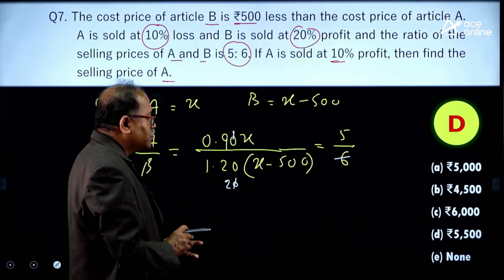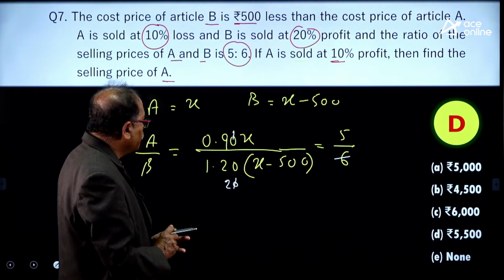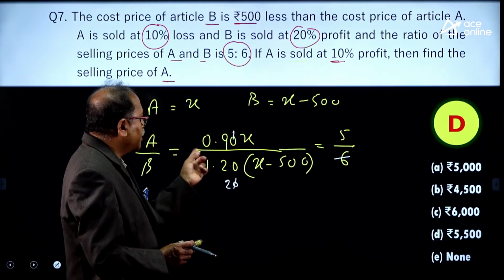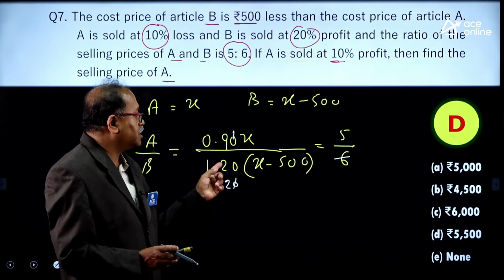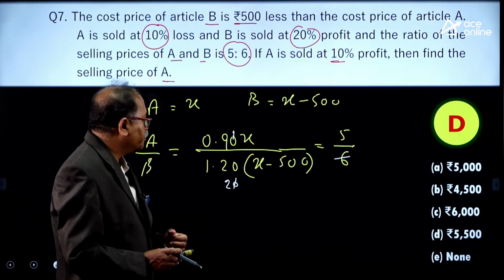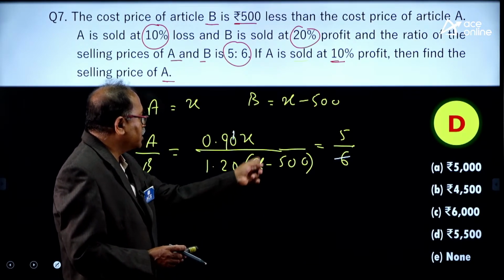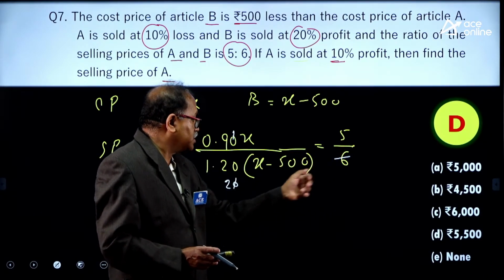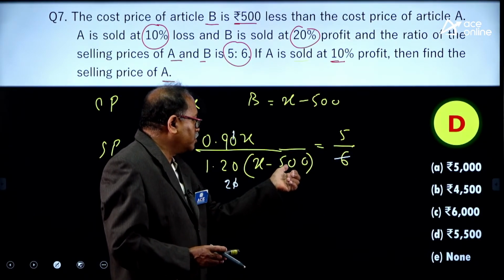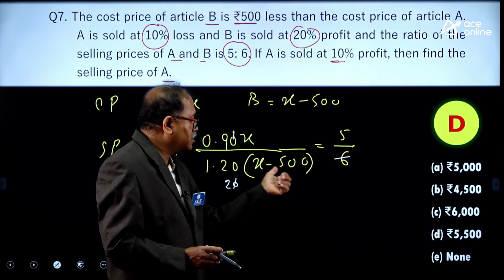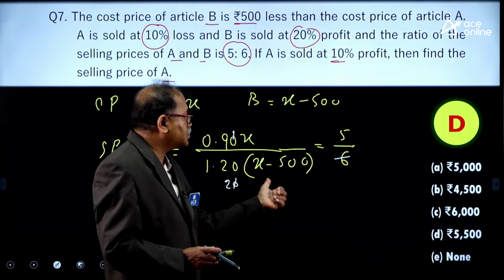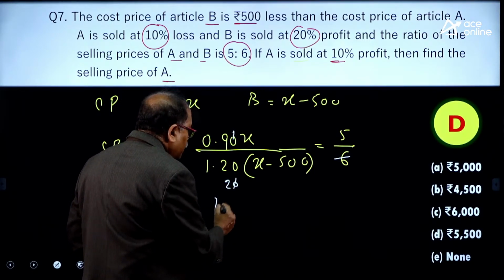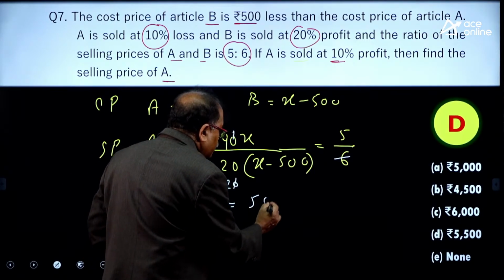Done. So, here with 6, 10 and 9, is it not 10x minus 9x, that is 2x over here. So, 2x into 5 is 10x, and here 2 into 500 is 1000, and 1000 into 5. So, I will be getting x is equal to 5000.